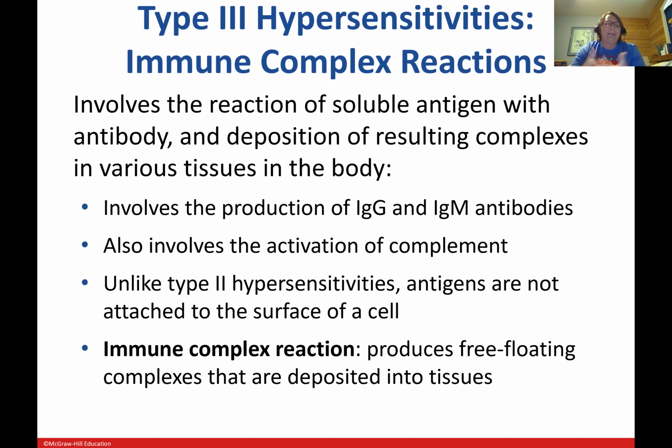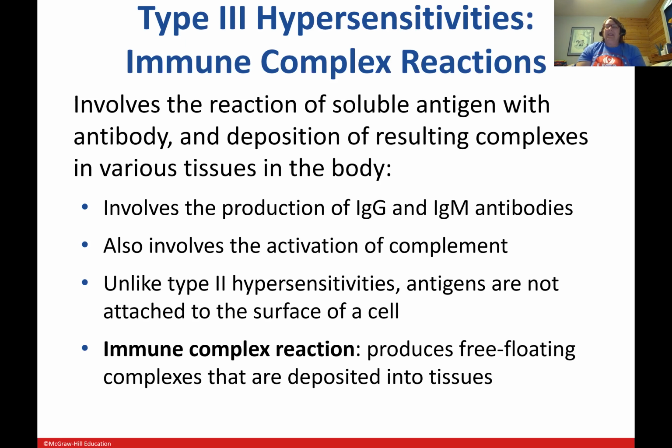We're talking about something in the fluid, the blood fluid. It is the soluble antigen and antibodies. What happens is those antibodies cross-link those soluble antigens and form these complexes, these chunks of antigen antibody complexes.